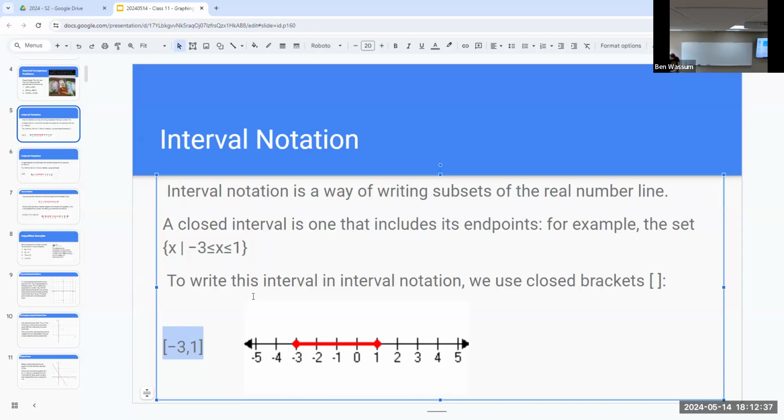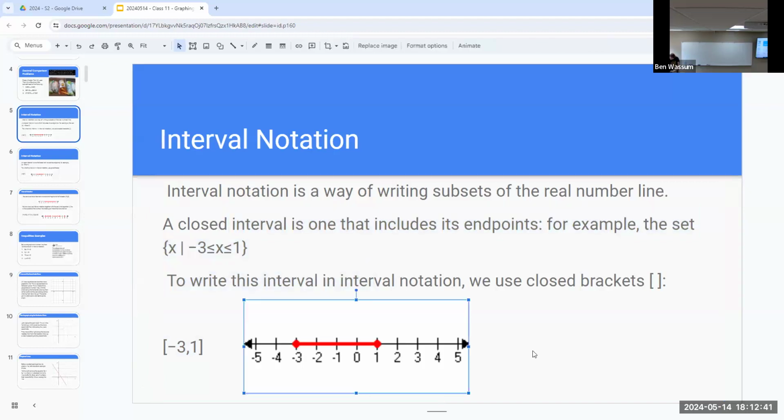So the basic idea here is we'll have an example of a closed interval. So this is saying we have a range between one number and another number. And on this particular example, both sides of that range are included. So this one goes up to that -3 and includes it, up to that 1 and includes that.